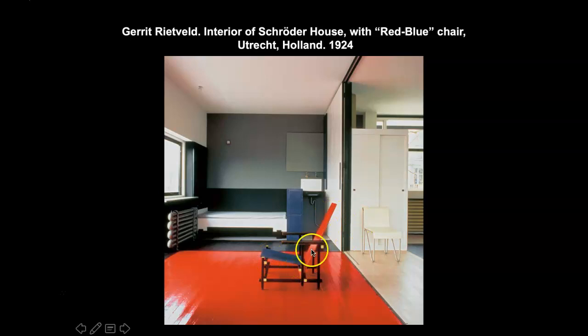So we have a red plane, a blue plane, we have these black lines, and we have these great yellow squares on the edges. Think of the Mondrian style painting, but being imposed on a room and the furnishings.